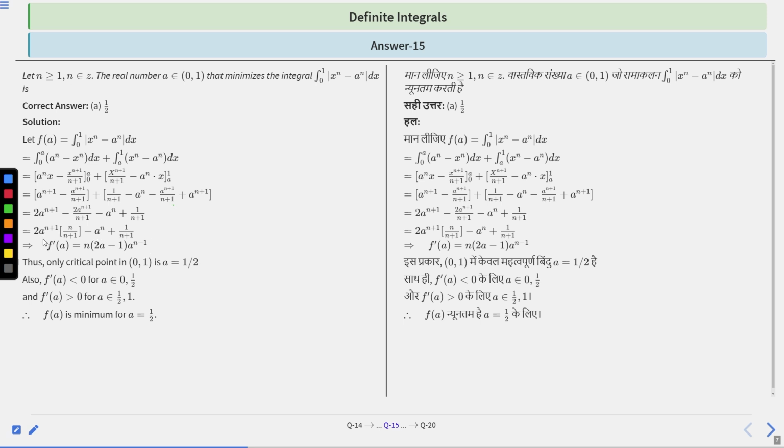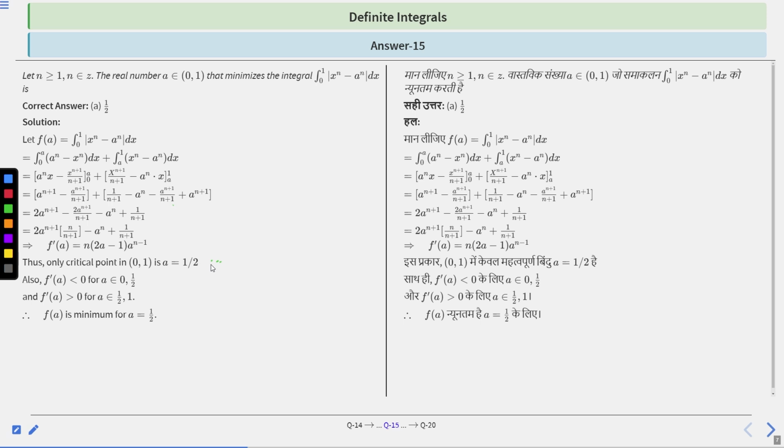And when you differentiate this, you will get 2n(n+1) common, and (n+1) into a^n. After simplification, you will get f'(a) equal to n(2a − 1)a^(n−1). Thus, the only critical point in (0, 1) is basically 1/2, right? The only critical point in (0, 1) is 1/2.